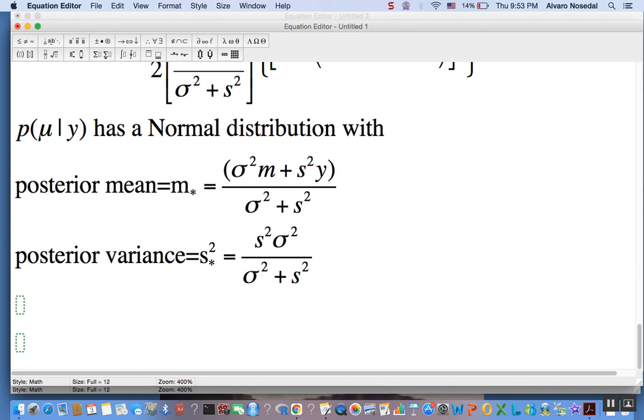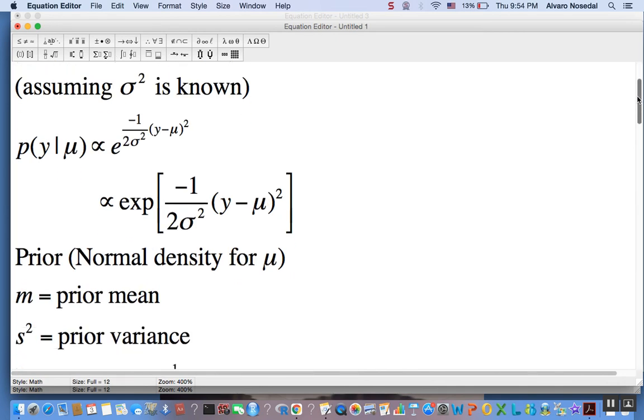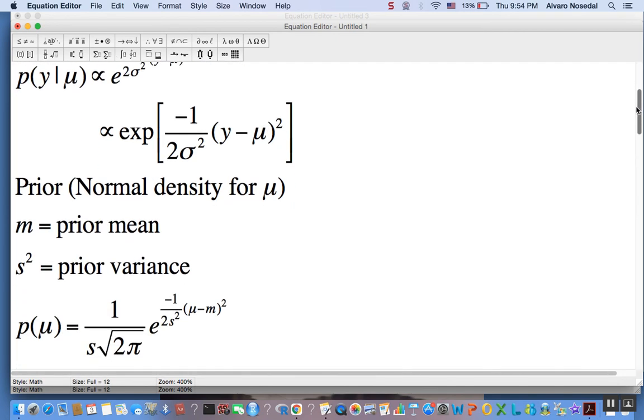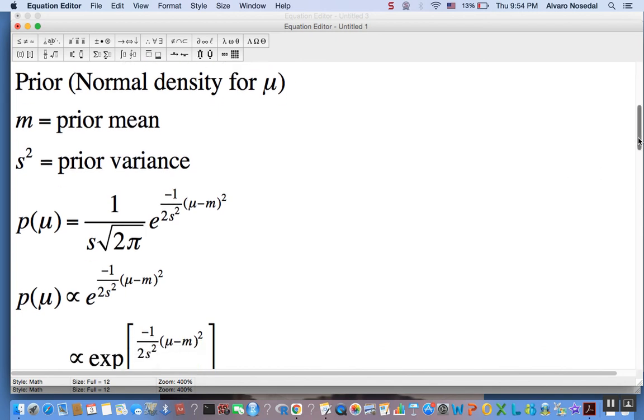Let's summarize what we did. We considered a normal likelihood for a single observation, and we analyzed it using a normal prior for mu, because we're assuming that sigma squared is known.